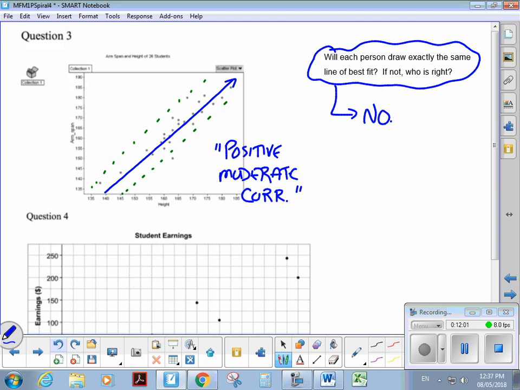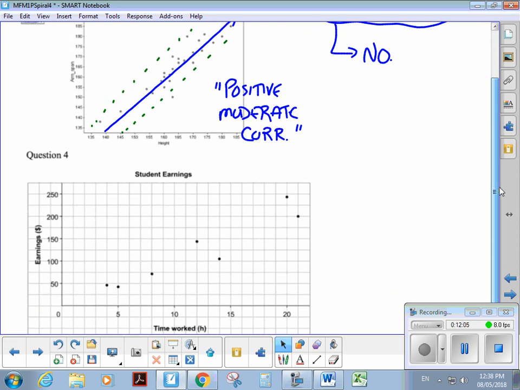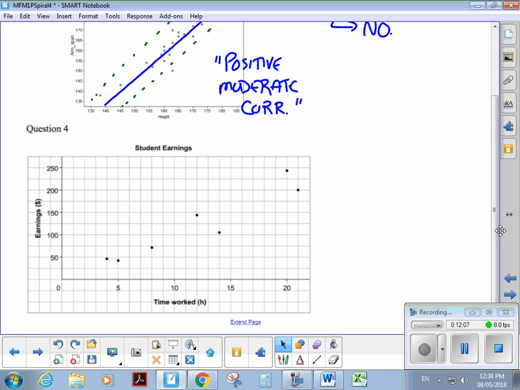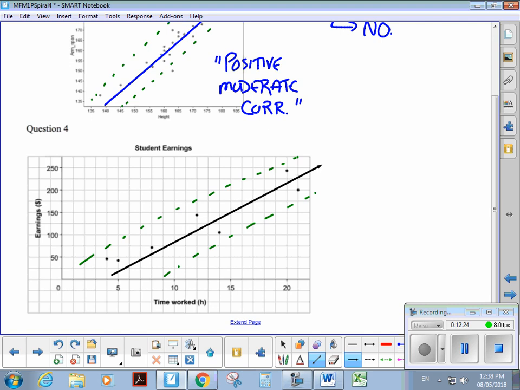So if not, who is right? Well, there is not one right answer unless you use software, unless you use a computer, and computers will do this for you. Now, for example, on this one, in order to make this fit, my corridor is going to look like this and like this, which means when I put my ruler down and draw the line of best fit, we go through there.